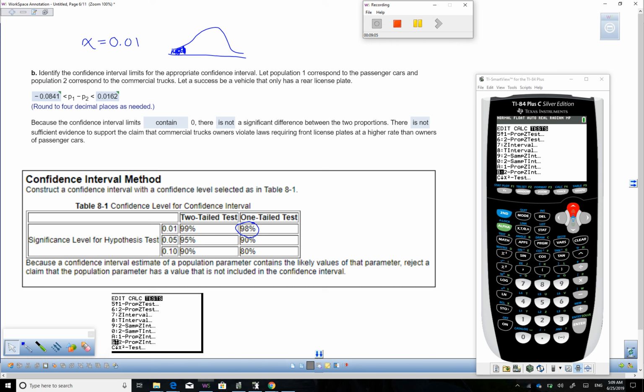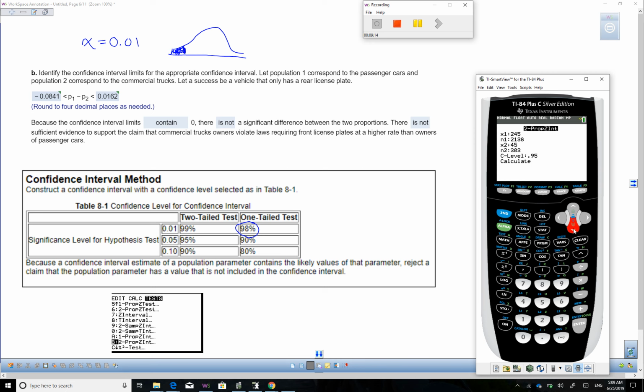You want to find the confidence interval for two proportions, and then press enter here. These numbers will be there, the ones we used for part A: 245 out of 2138, 45 out of 303. But the confidence level, we need to change that.